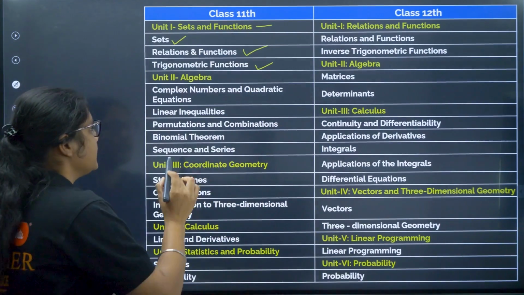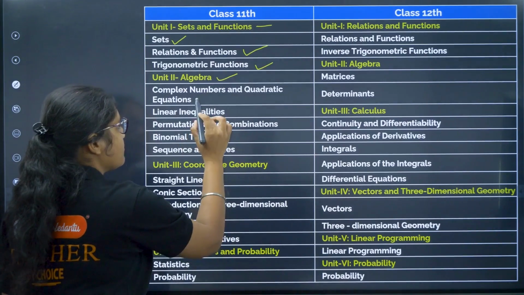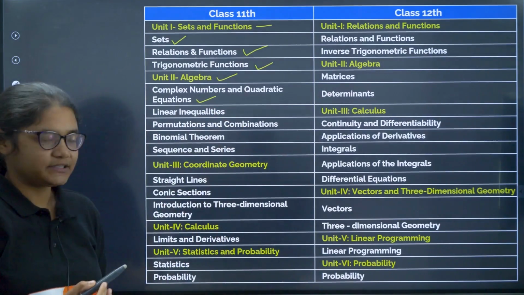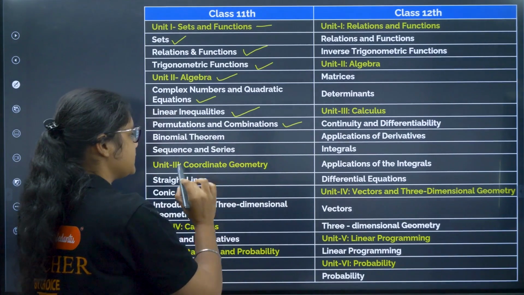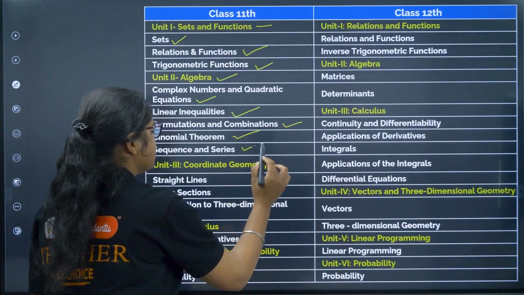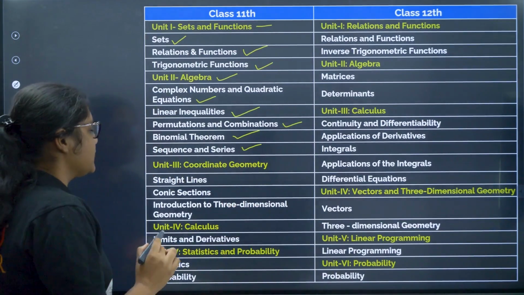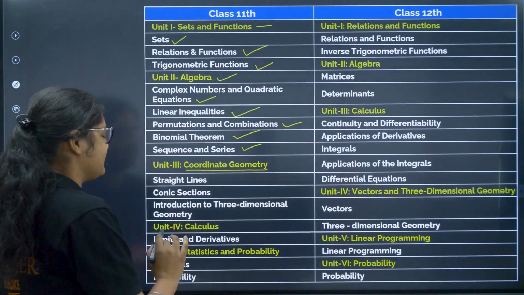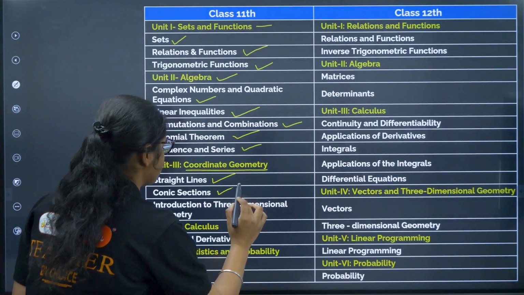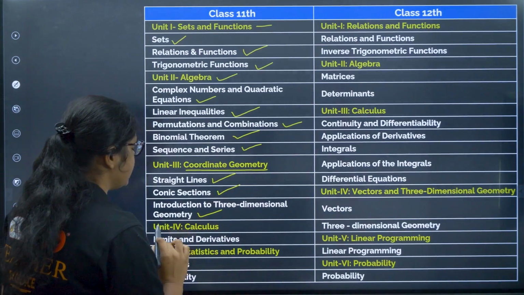Next in unit 2, algebra, you have complex numbers and quadratic equations, linear inequalities, permutation and combination, binomial theorem, and sequence and series.